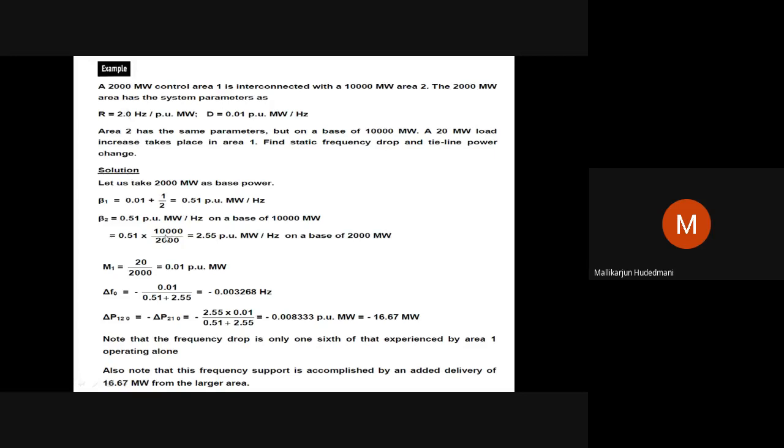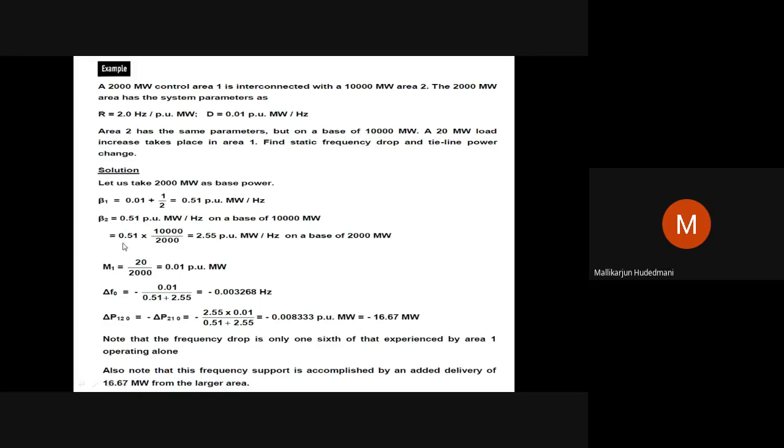Then you can see how the author has presented it. 0.51 is the numerical value of beta 1 multiplied by the revised base over the old base. It is going to shift this 0.51 value to 2.55 pu megawatt per hertz, whatever the units we have mentioned here. The value is now shifted to the base of 10,000.